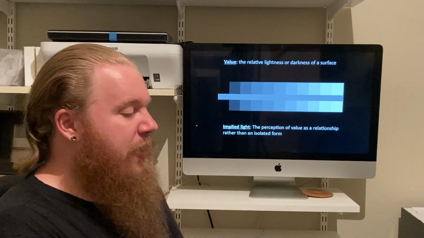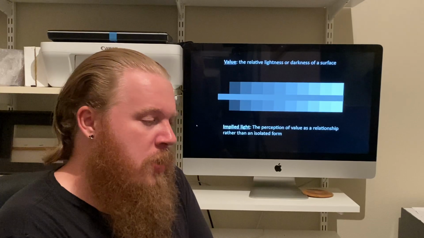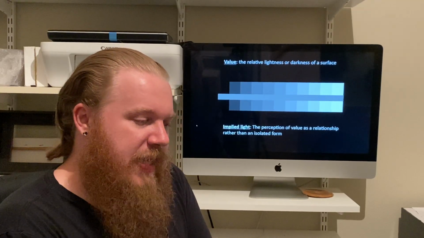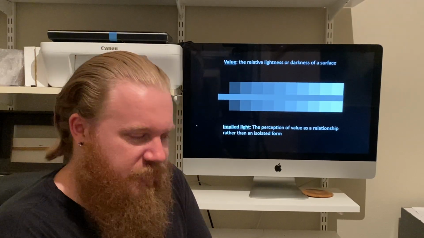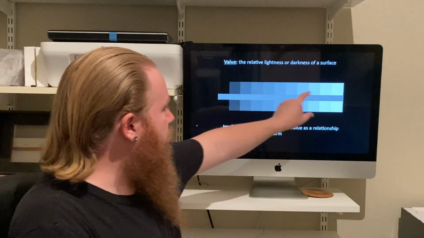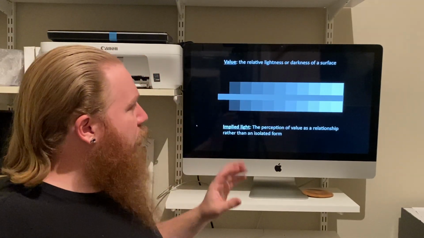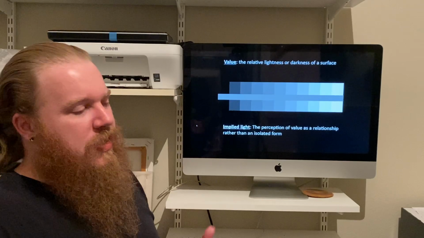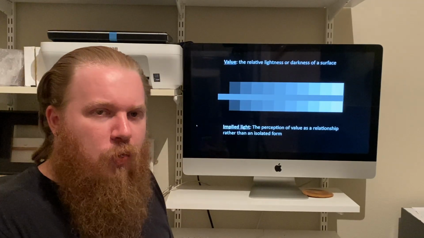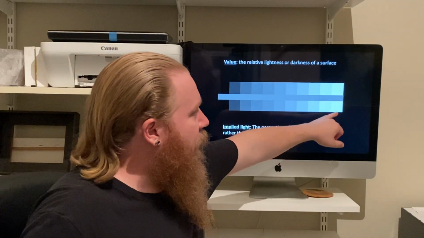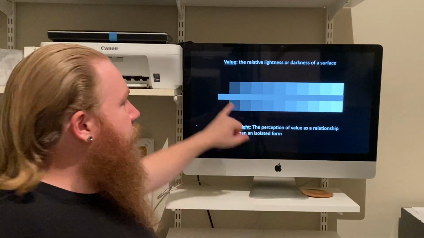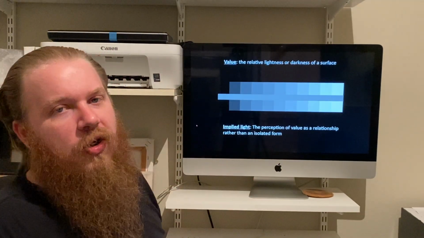Now, aside from lighting, we can also talk about value, which is the relative lightness or darkness of a surface. And so here we can see a nice diagram of value. Things tend to appear darker when they're placed next to a lighter object, and they appear lighter when they're placed next to a darker object.